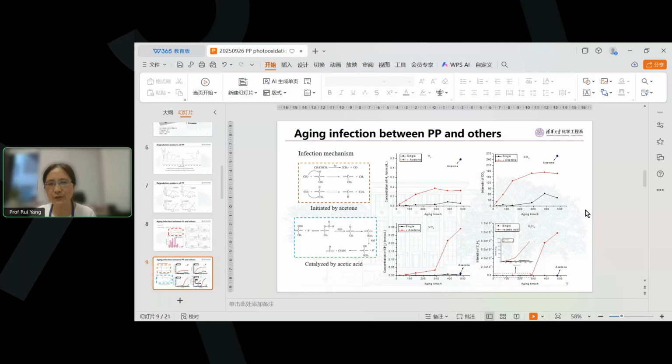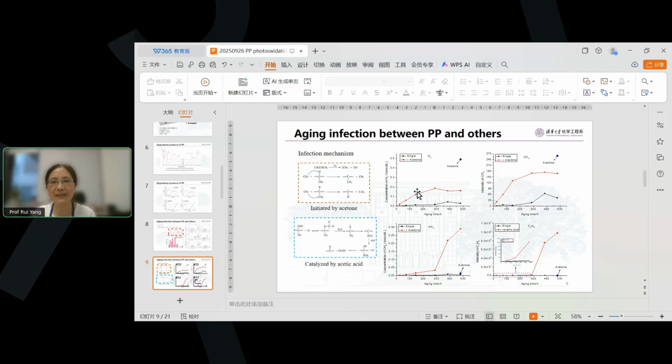In order to avoid the effect of acetone and acetic acid aging themselves, we compare the signal intensity of these two volatile products along with the products. From this one, we can find that if it's acetone alone, it gives rise to a very high concentration of hydrogen.